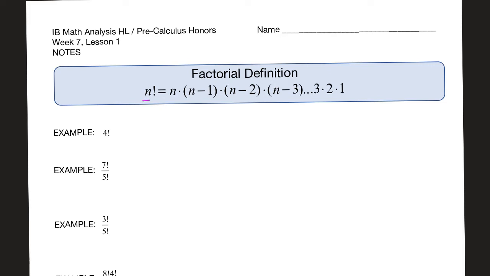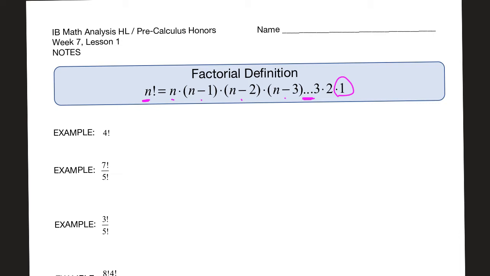So you're going to see a number with an exclamation point after it. And the way to do this computation is you start with that number, and then you multiply it by a number less than it, and a number less than it, and a number less than it, until you get all the way down to 1. The dots are there because it's hard to tell how many numbers there will be until you know exactly what n is.